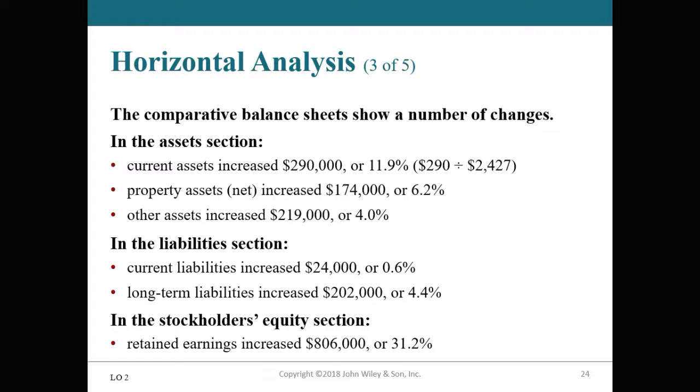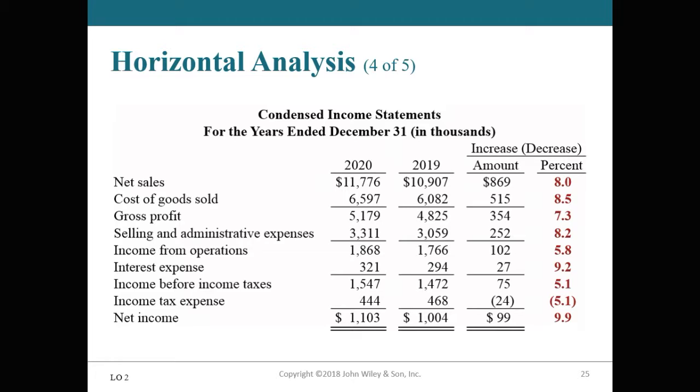And then the liabilities, you can see what those changes were here. Now we can do this for any of the various financial statements, including the income statement. Remember that we get these as comparative.